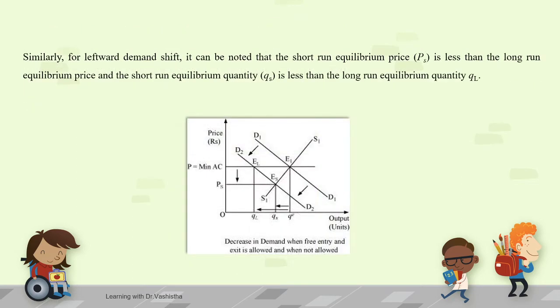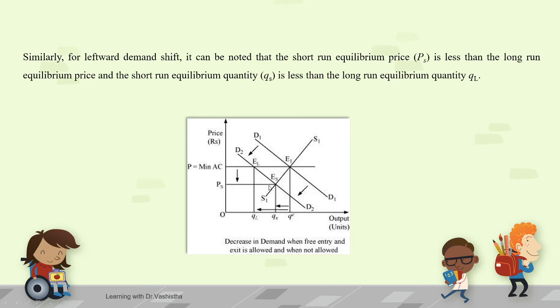Further on, similarly for a leftward demand shift, when there is a contraction of demand, it can be noted that the short run price, which is PS here, is less than the long run equilibrium price. Whenever there is a backward shift, this is the equilibrium which is attained.